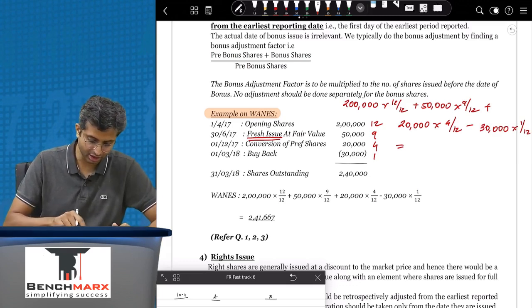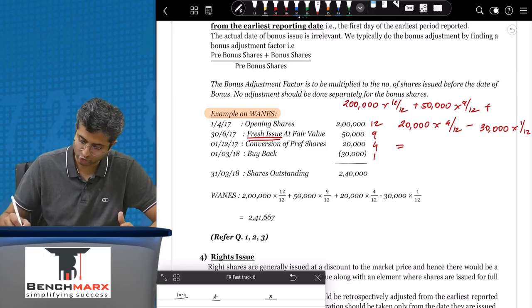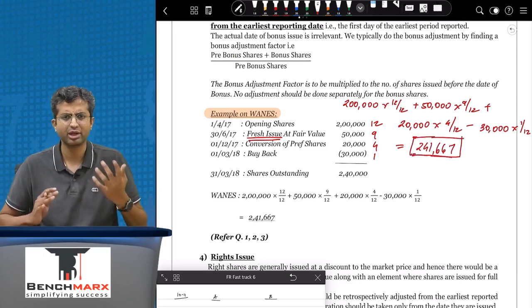And as a result, this will be 2 lakhs into 12 by 12, plus 50,000 into 9 by 12, plus 20,000 into 4 by 12, minus 30,000 into 1 by 12, and hence this is 2 lakh 41,667.